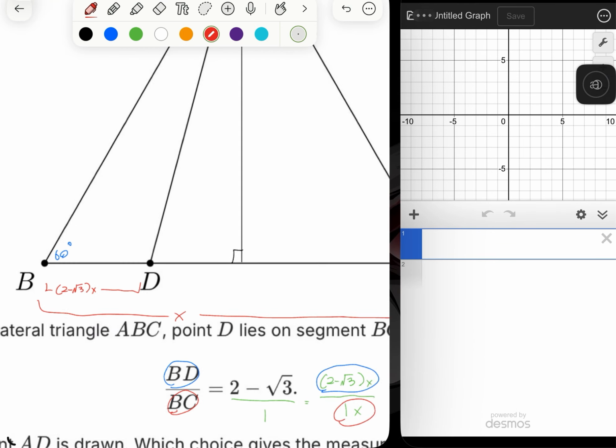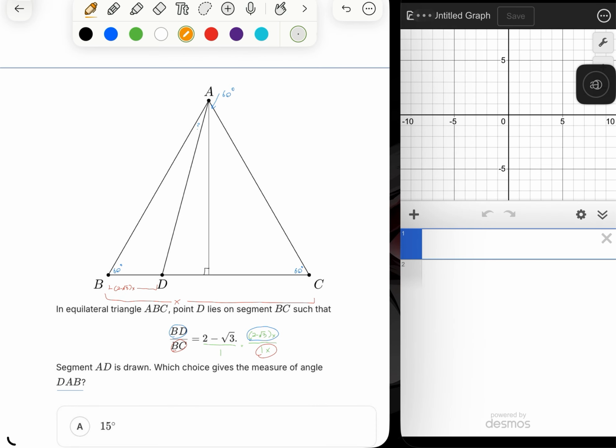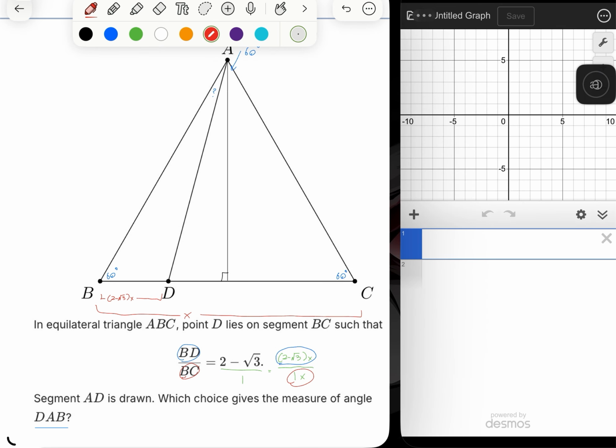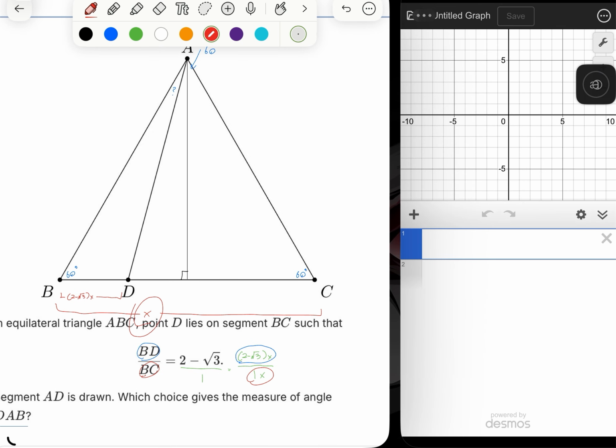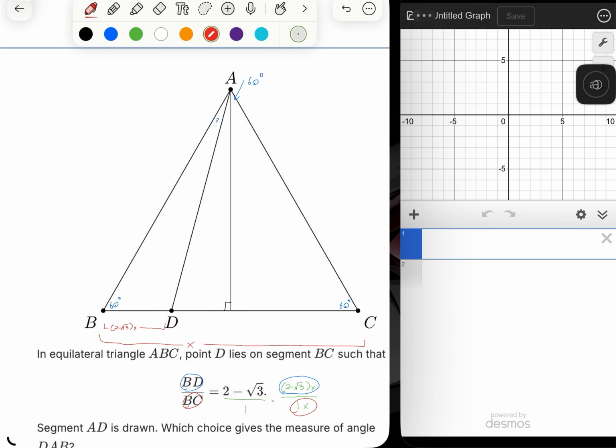This is where my entire method of sticking to x helps out a lot. Sticking to x means expressing every single side in the triangle in terms of x. Because this is equilateral, if BC is x, then all sides of an equilateral triangle are equal, so this is also going to be x.